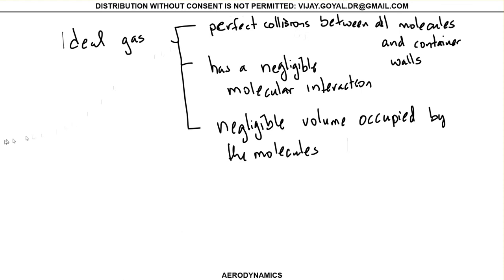Just one simple example so we can understand how this really works. Before we move to the example, there's another variation of this equation that's very important. Let's take the equation that we just derived. The mass and the constant R are not going to change in my problem. So PV over T is going to equal a constant.